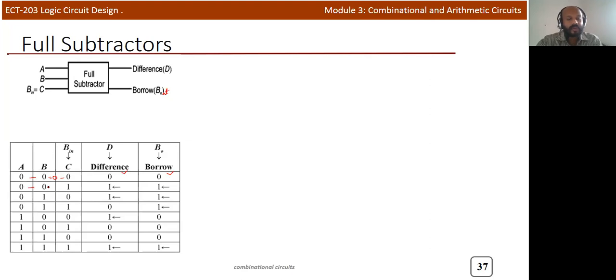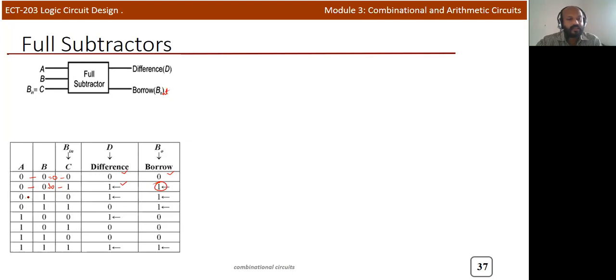Now 0 minus 0 gives 0. Then you need to subtract 1 from 0, which is not possible, so borrow is involved. We consider one borrow, so it is 10. Then 10 minus 1 is equal to 1, and borrow will be 1.